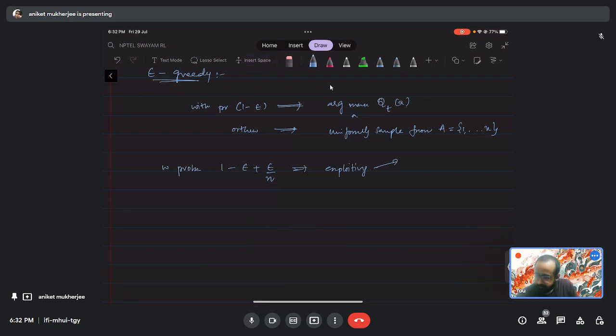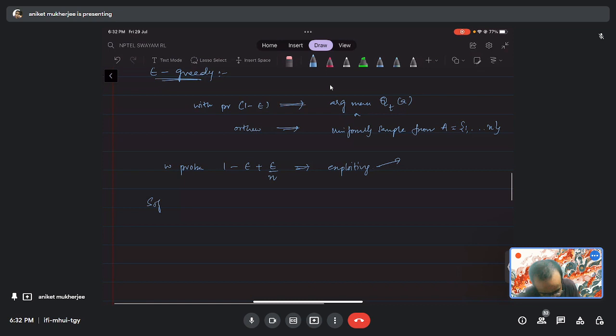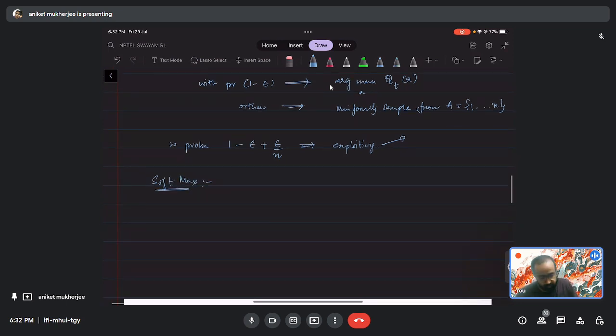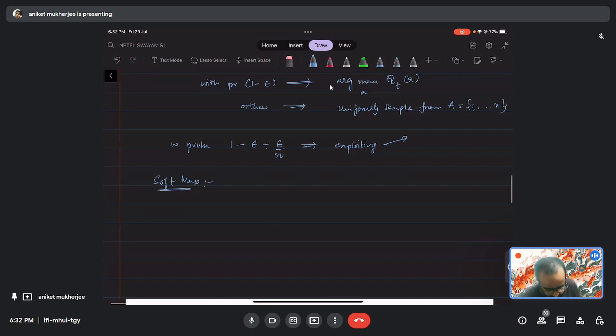So next was, I believe, the softmax. I'm just directly going to give you the algorithm. The probability of you choosing an arm A is given by the exponential of the expected value divided by beta, over the summation from i equal to 1 to n, where these i's are arms.